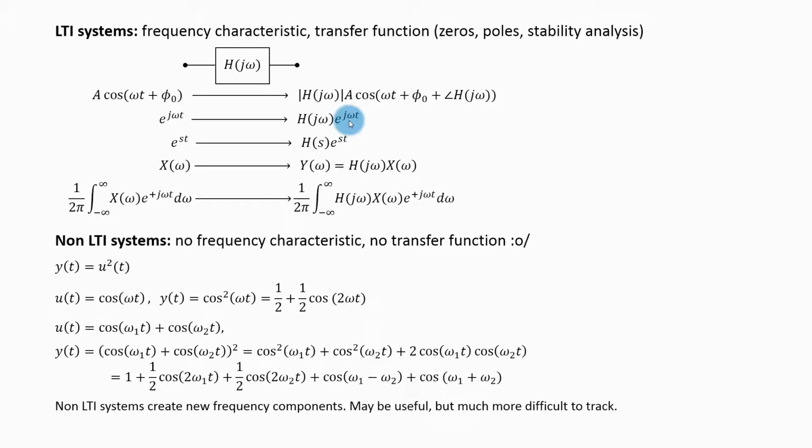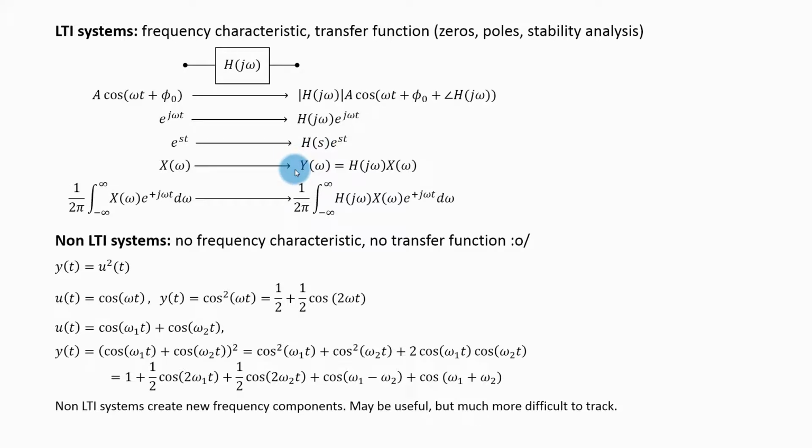In fact, this can be generalized to a general complex exponential and a transfer function. And this is why we say that the complex exponential is the eigenfunction of the LTI system. When you feed a complex exponential to an LTI system, it is only multiplied by a complex number.